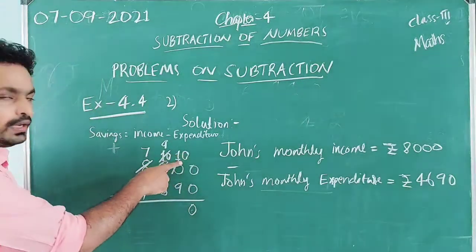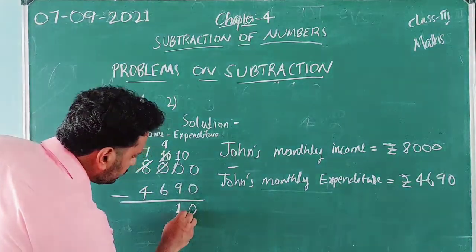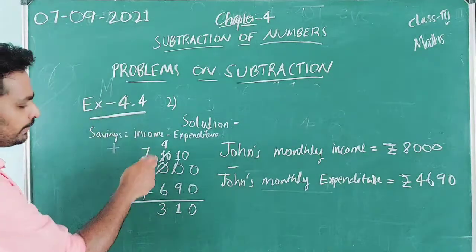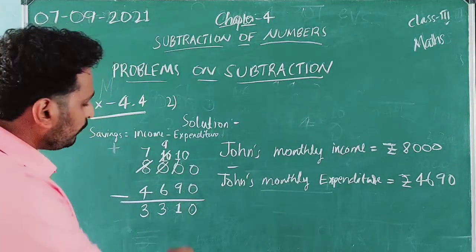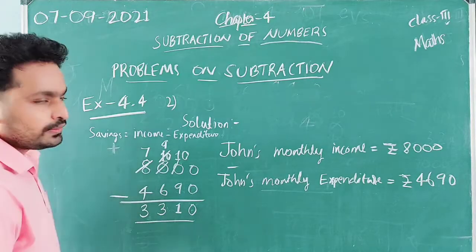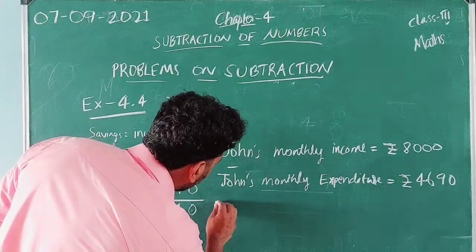So now this number is 10. 10 minus 9 is 1. Next 9 minus 6 is 3. 7 minus 4 is also 3. So what is his savings? 3,310.